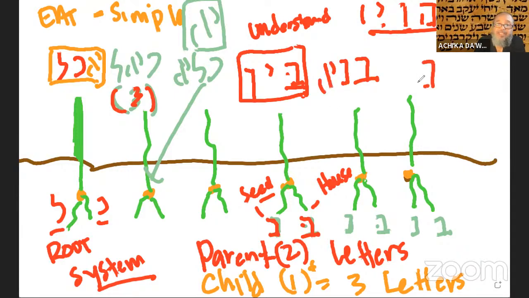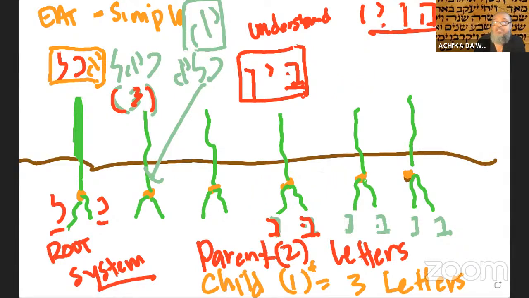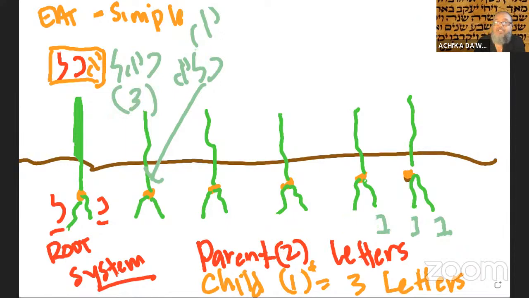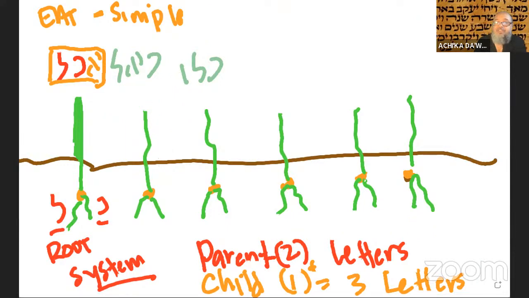We could do the bet, the noon, and the hay. They could take any of these opportunities to create children. You understand? Because every one of these children up here has an opportunity to be born, and I'm using this information just to kind of get you to understand the family dynamic.